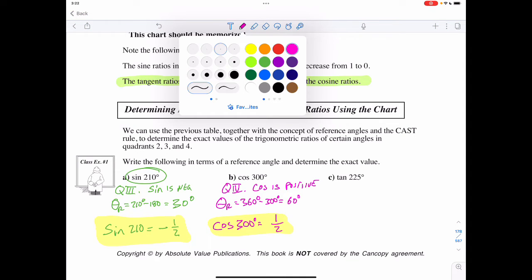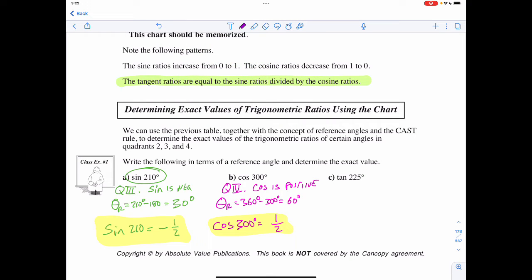Last but not least, tan 225. That's going to be in quadrant 3, where tan is positive.